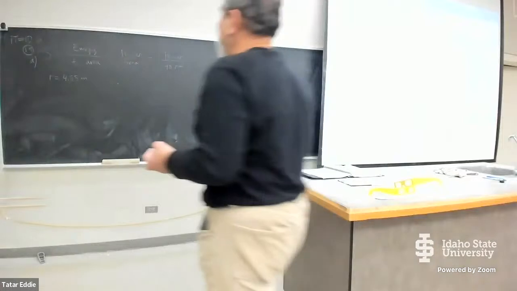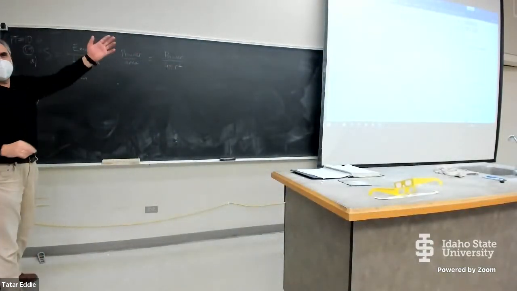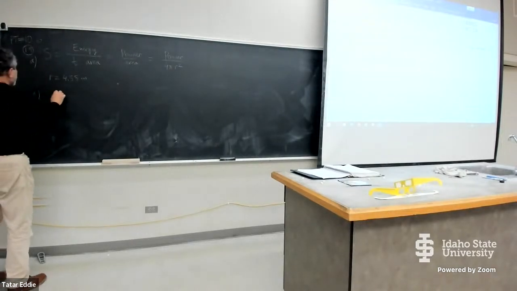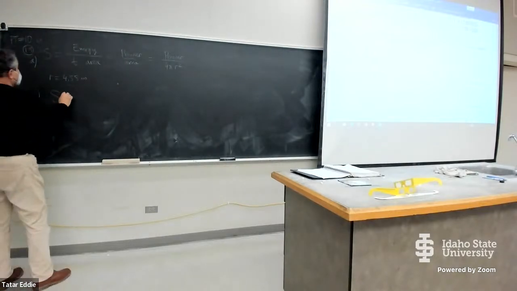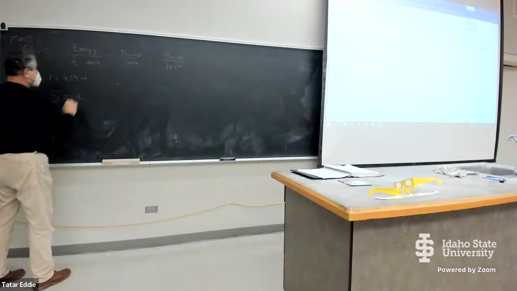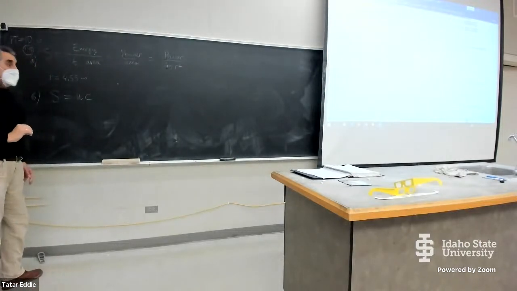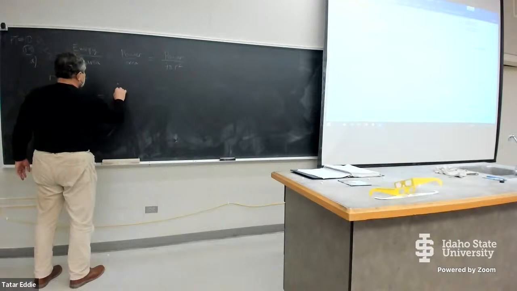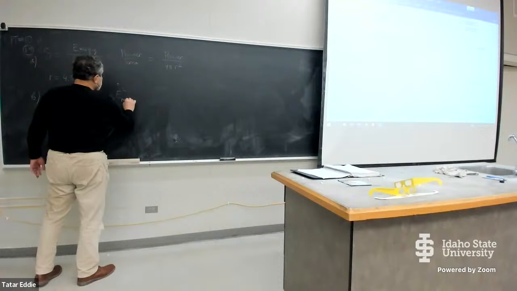They're asking about electric field, so you have to use the formula which says that intensity of an electromagnetic wave is equal to the energy density of the electromagnetic wave multiplied by the speed of light. And energy density can be written as epsilon naught times the electric field RMS value squared.